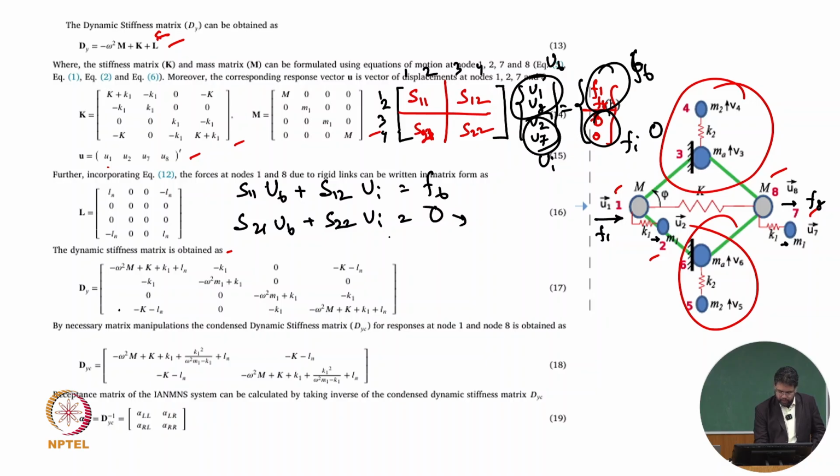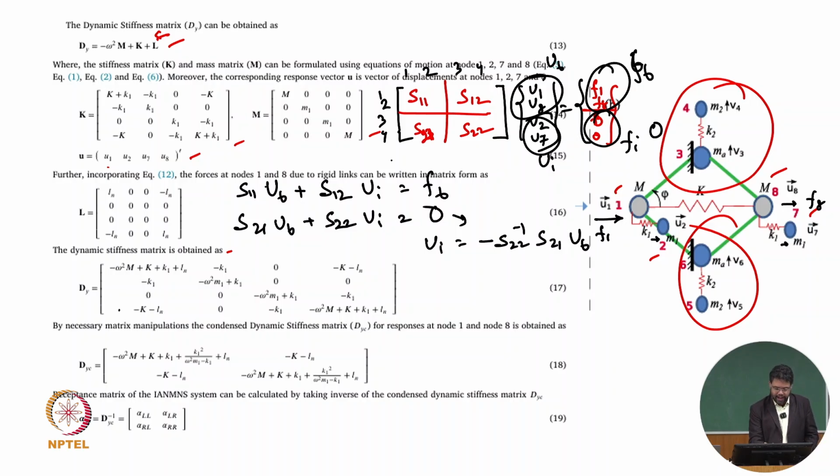Now in this case, what can we do? What do we need to omit? We do not need the internal degrees of freedom, because the internal degree of freedom is not connecting. We cannot implement the Bloch theorem on the internal degree of freedom, so we can leave that. So what can I write? UI equal to minus S22 inverse S21 into UB.